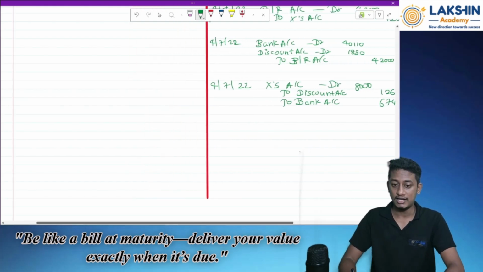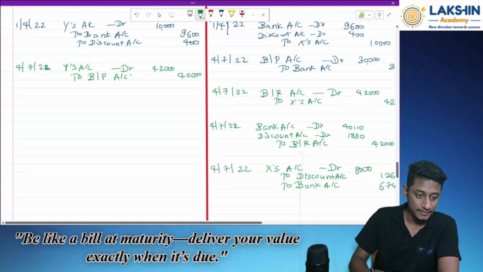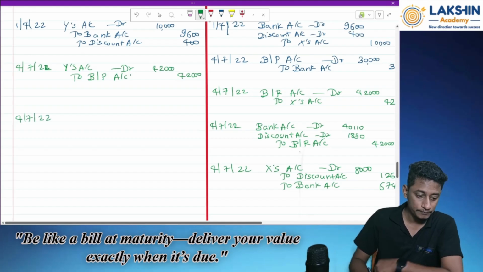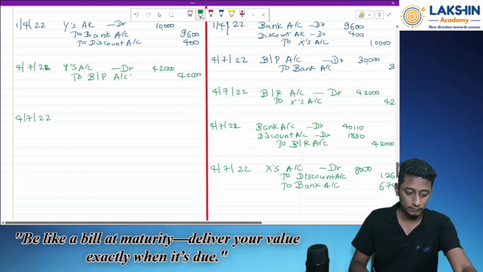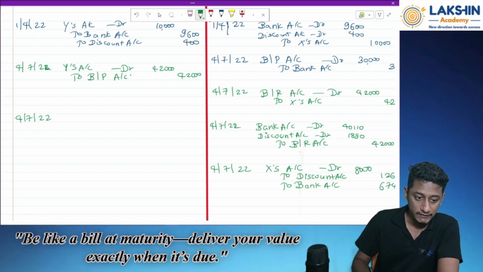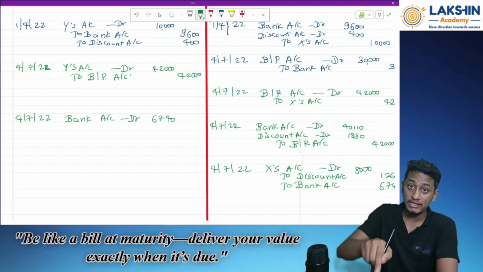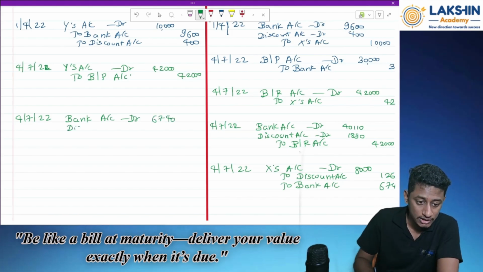Okay. Now here in this case, again pass the same entry. On 4/7/22, what has happened? Mr. X has received the money of how much? 6,740. Along with the money, what has he received? He has received the discount also, which is the expense to him.